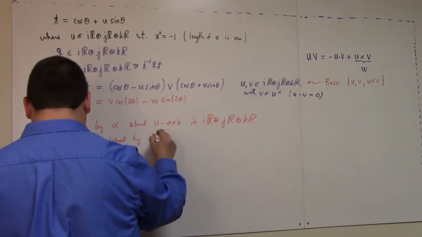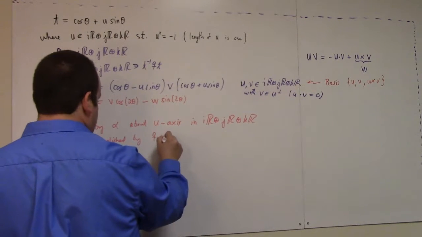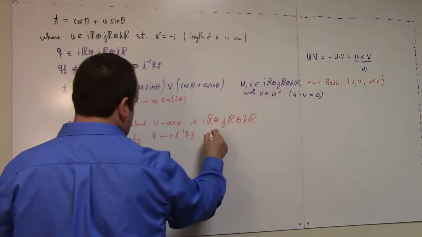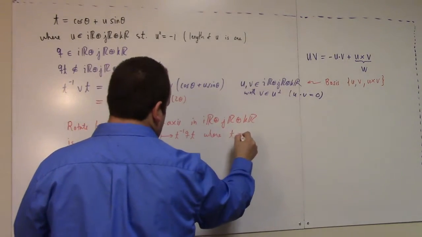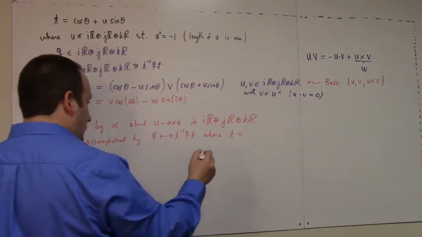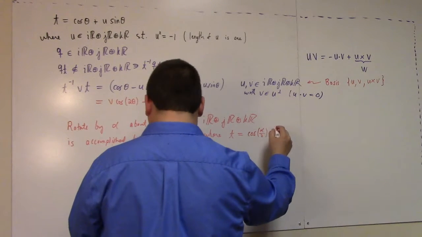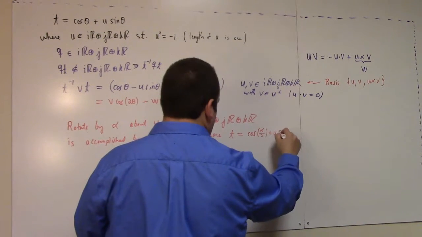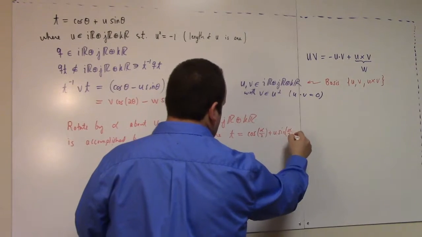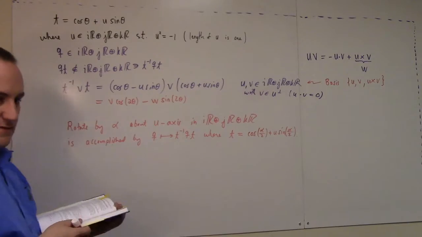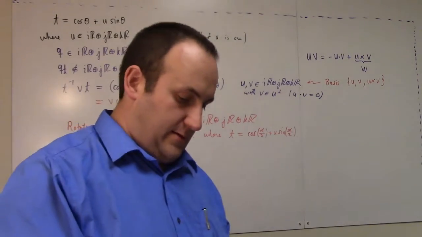Q maps to T inverse QT, where T is equal to cosine of alpha over 2 plus U sine of alpha over 2. So that's the big result here.